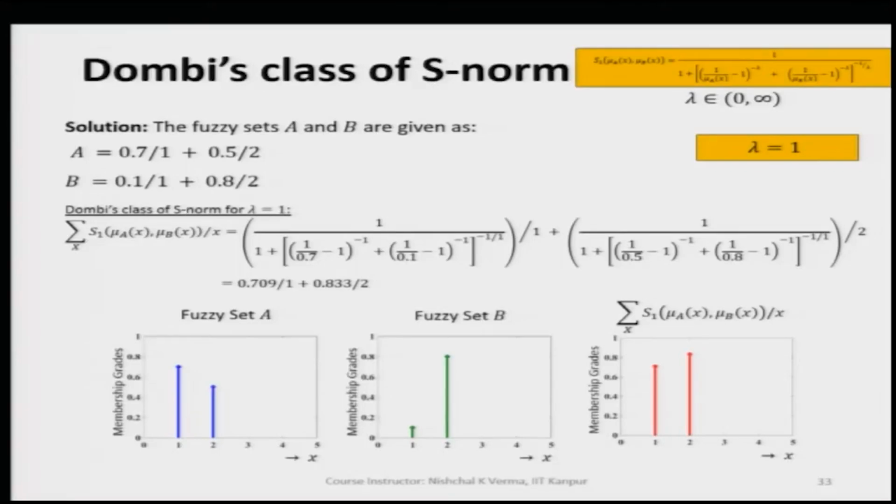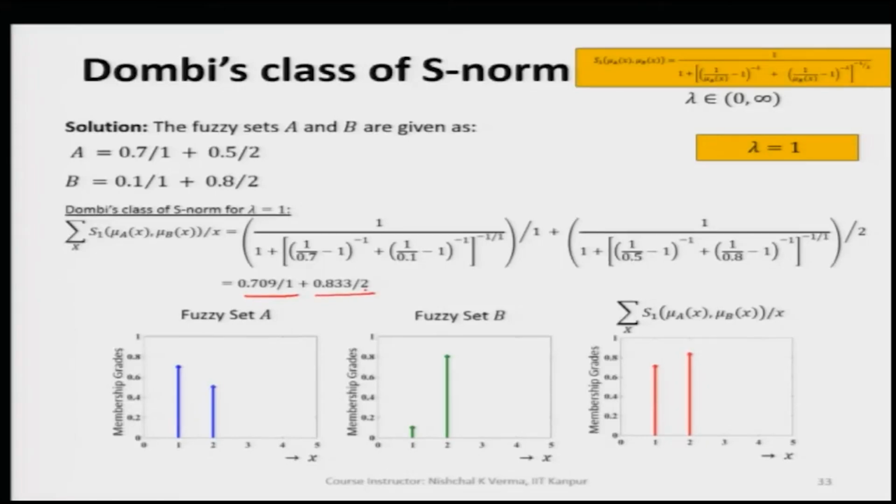When we apply this expression for all possible pairs of the membership values of fuzzy set A and fuzzy set B, we see the resultant fuzzy set here.